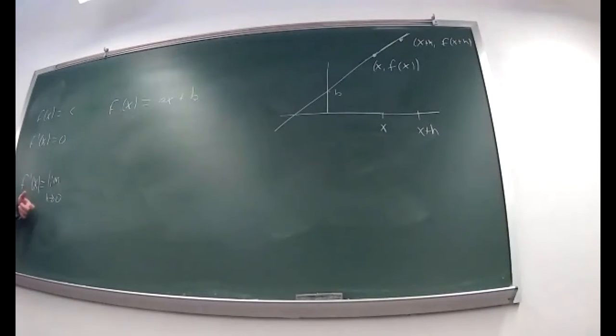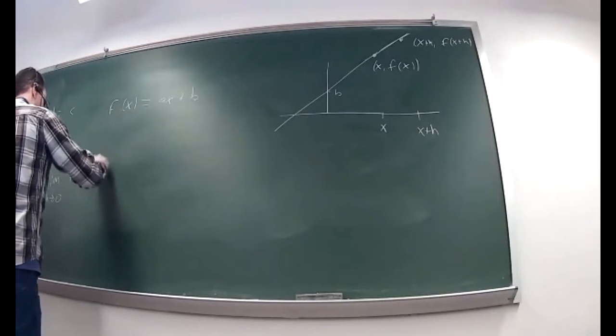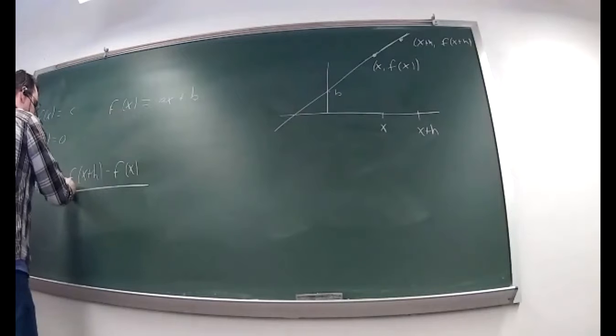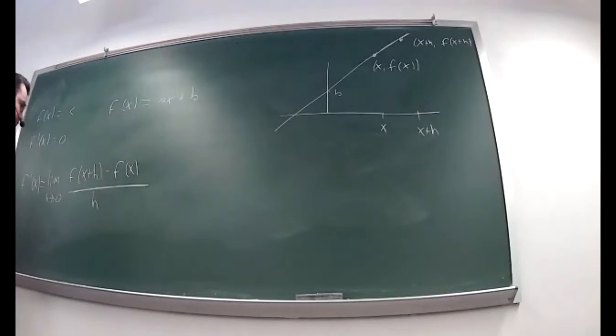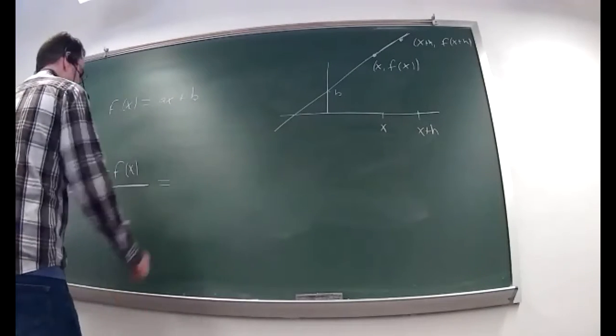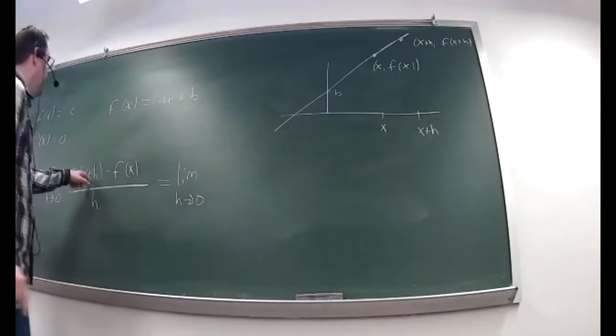But let's see that through direct calculation. So let's just plug in the definition, f of x plus h minus f of x divided by h. And so I'm taking the limit as h goes to 0, f of x plus h.